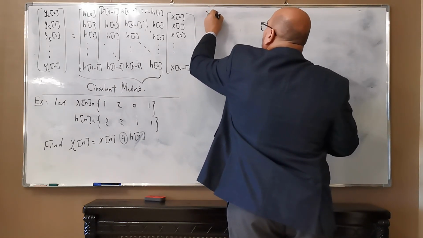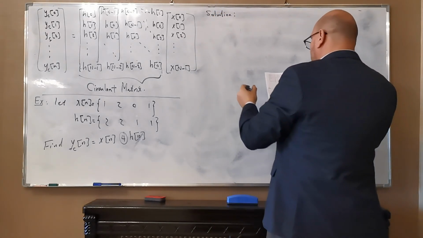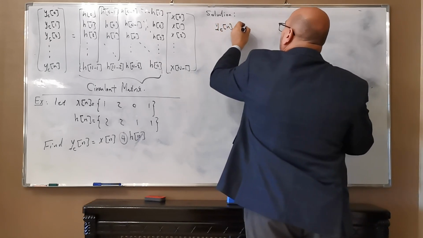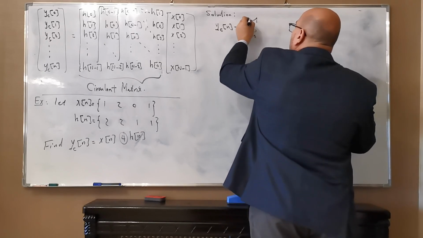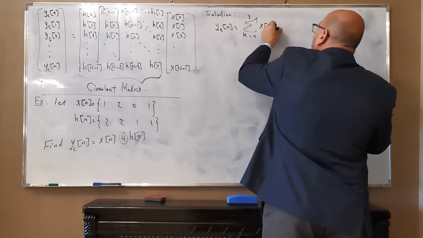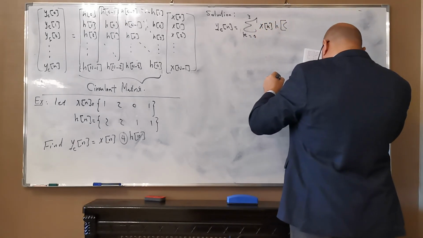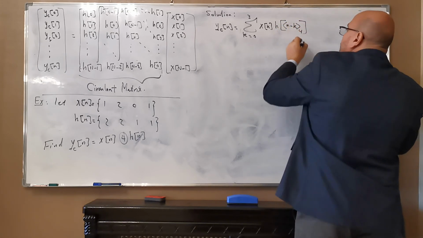To solve this, let's do yc of n equals summation from k equals 0 to 3 x of k h of n minus k modulo 4.